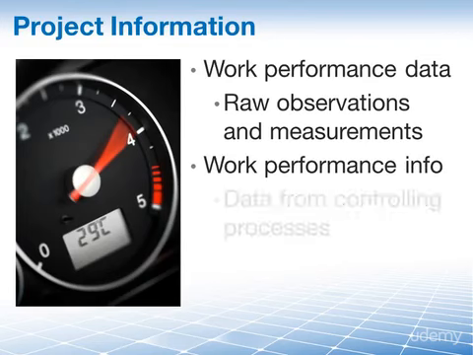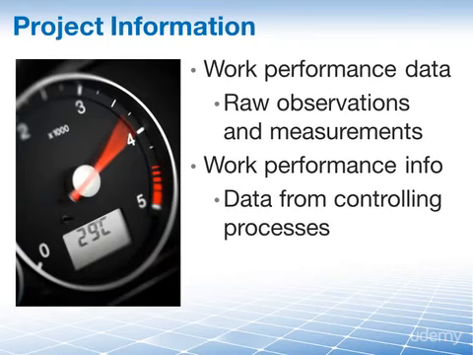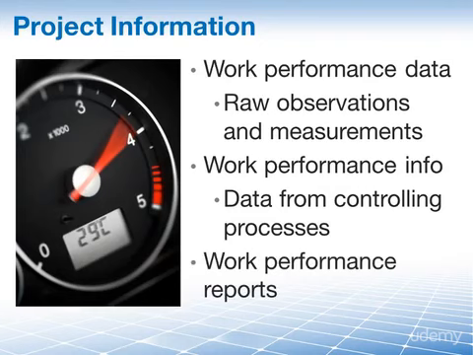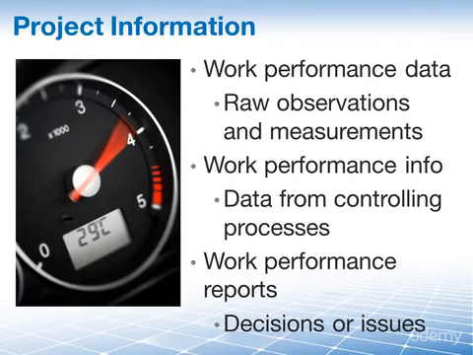This is the performance data collected from various controlling processes, analyzed in context and integrated based on relationships across areas. And finally, work performance reports. This is the physical or electronic representation of work performance information compiled in project documents intended to generate decisions, actions, or awareness.